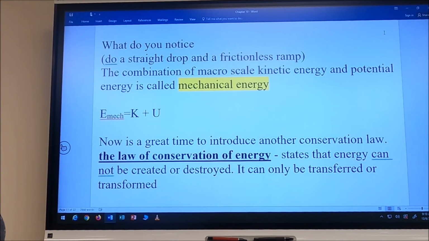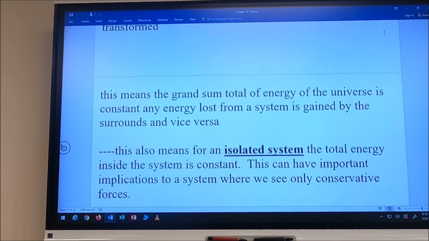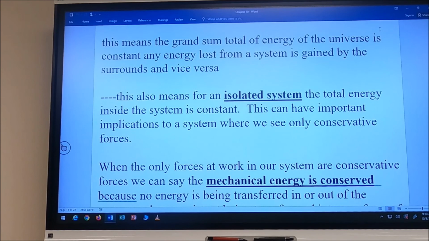Now, this brings us to the law of conservation of energy. It's essentially the first law of thermodynamics. It says that energy cannot be created or destroyed. It can only be transferred or transformed. This means that the grand sum of energy of the universe should be constant. Any energy lost by a system should be gained by the surroundings. Any energy lost by the surroundings should be gained by the system.